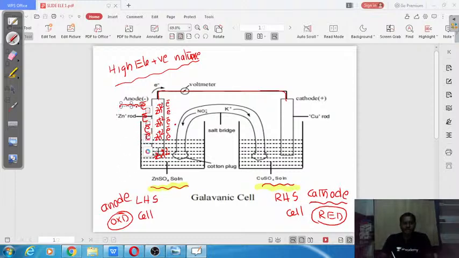So zinc ions gradually dissolve in the electrolyte solution. As a result, the Zn+2 ion concentration in the electrolyte solution increases, and the weight of the zinc rod gradually decreases.